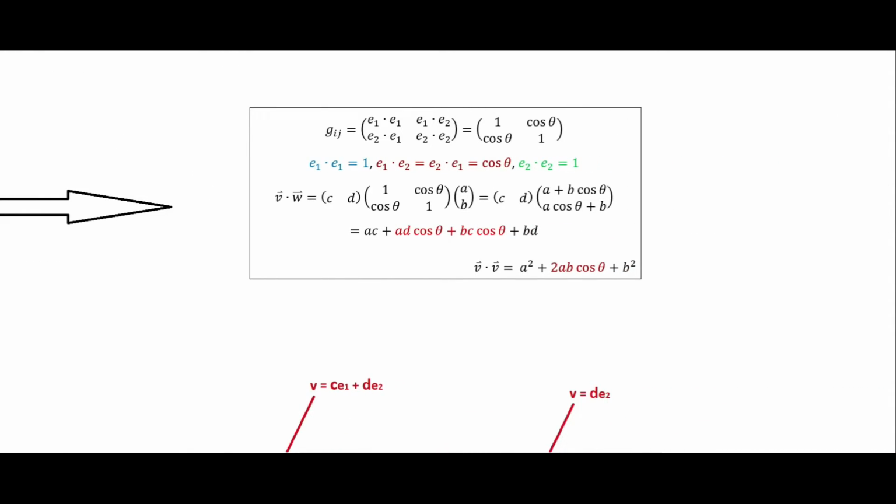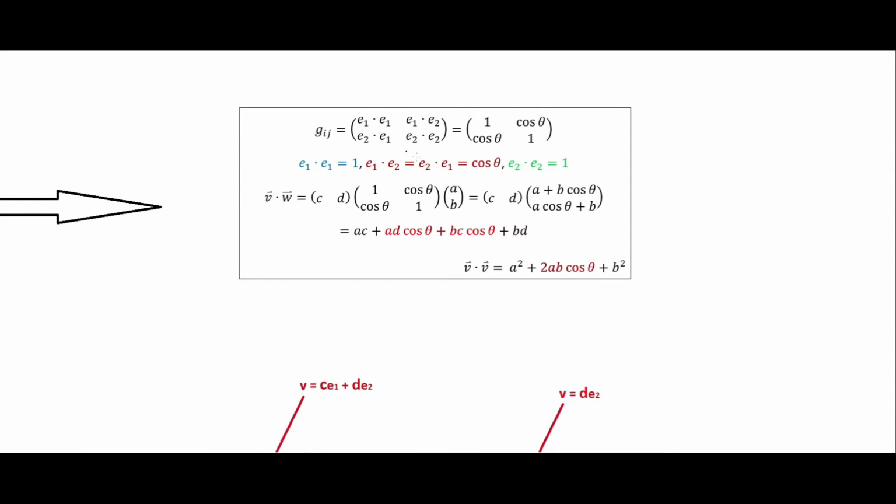So this is, once again, E1 dot E1 equal to 1, and E1 dot E2, which is equal to E2 dot E1, that is symmetric, equal to cosine theta.